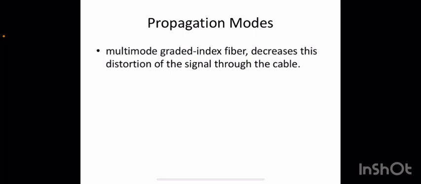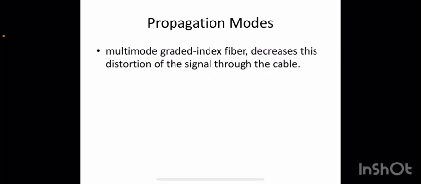The second one is multi-mode graded index fiber. This decreases distortion of the signal through the cables. In the case of step index, the main problem is distortion, since there is a sudden change when the ray of light is incident on the interface.